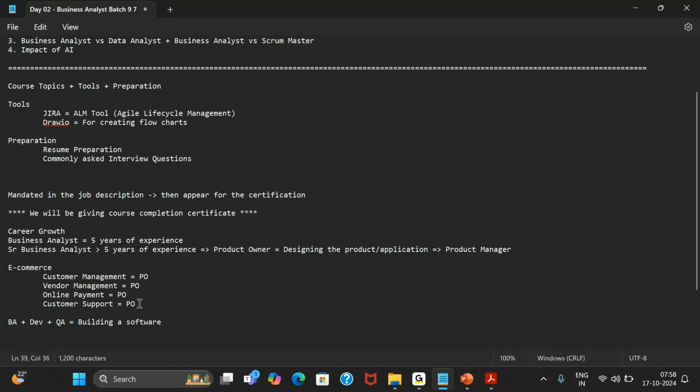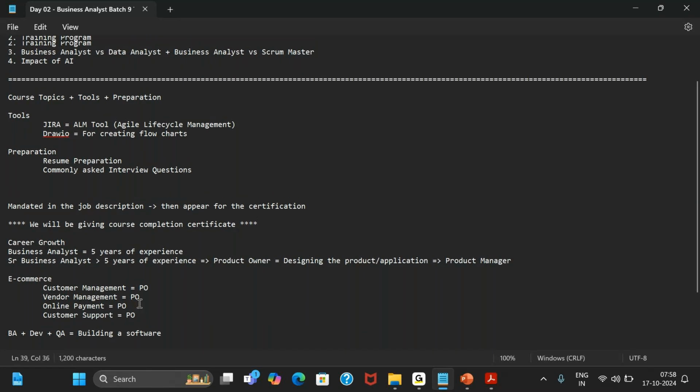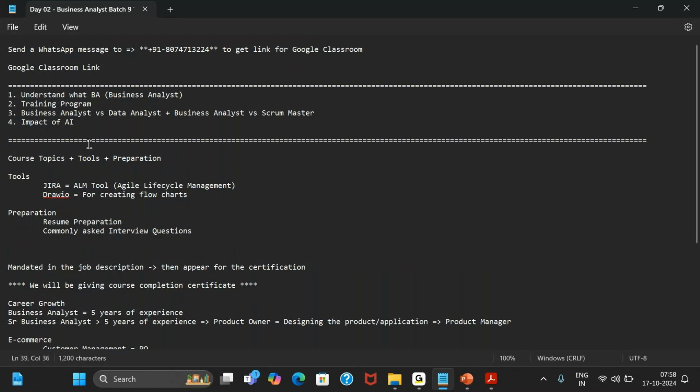Based on that, I'll throw in my perspective of whether AI is making our job more safe, more secure, or is it going to take that away. Okay. So we'll dial in tomorrow again, go through the topics of first understanding the key difference between BA and data analyst and BA and Scrum Master, and then continue for the next half an hour on the impact of AI on the roles and responsibilities that we perform.